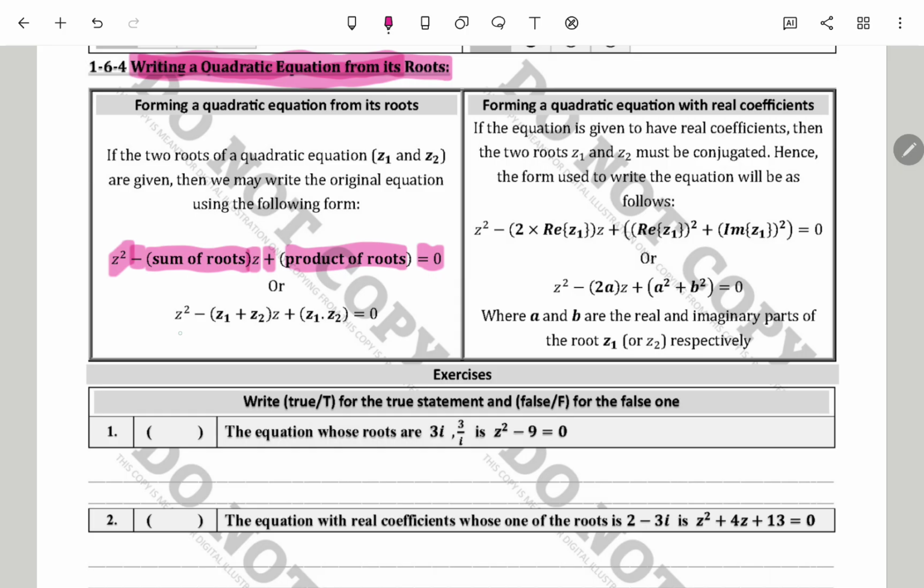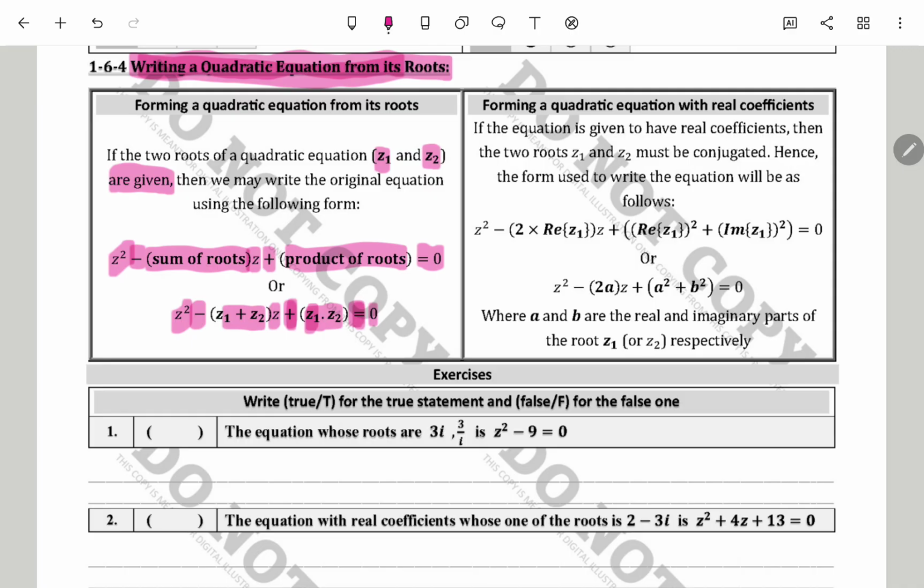Or in symbols, we can say that the quadratic equation is z squared minus (z1 plus z2) times z plus z1 times z2 equals 0. Be sure that you will have negative in the middle and positive at the last and equal to 0, where z1 and z2 are the two given roots or solutions.